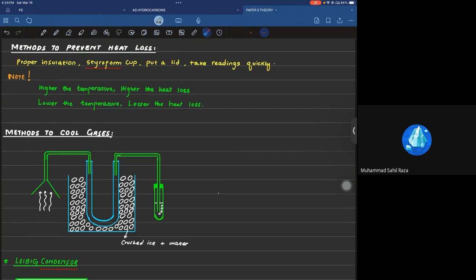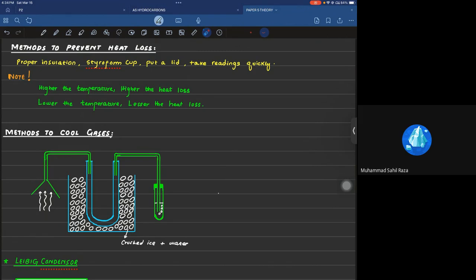But how can we do this? As you can see, the gas is going to pass through this U tube and enter this environment. This is your crushed ice. Of course, it's helping to maintain the temperature of this U-shaped tube. When the gas enters this U tube, it meets the colder environment.